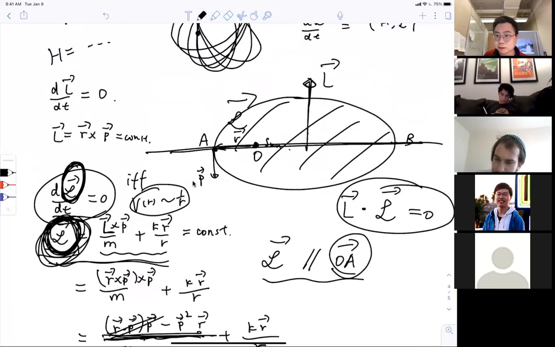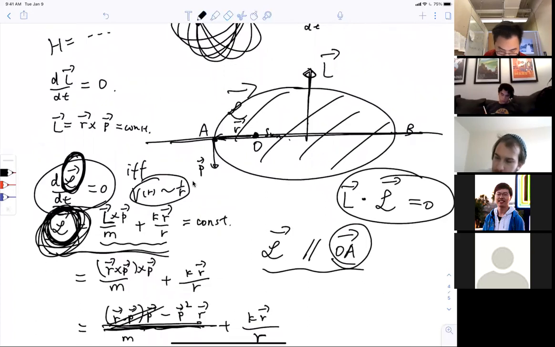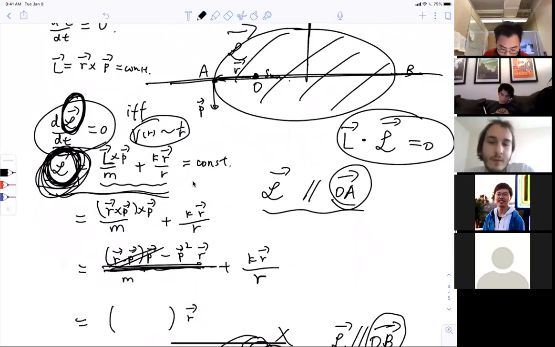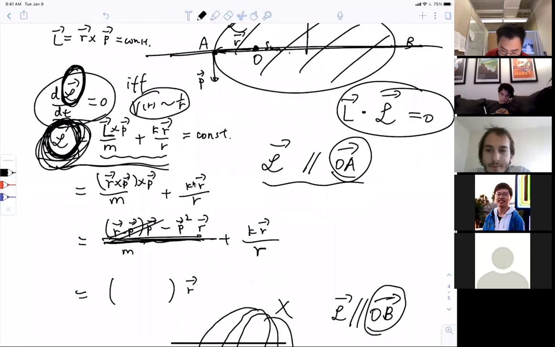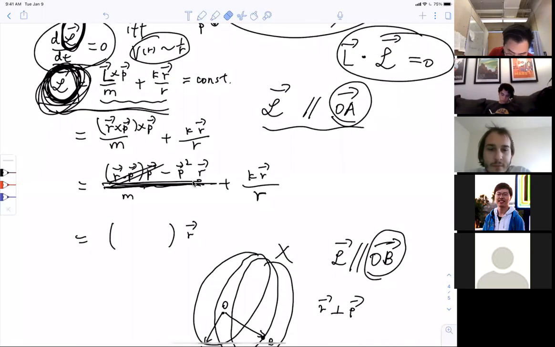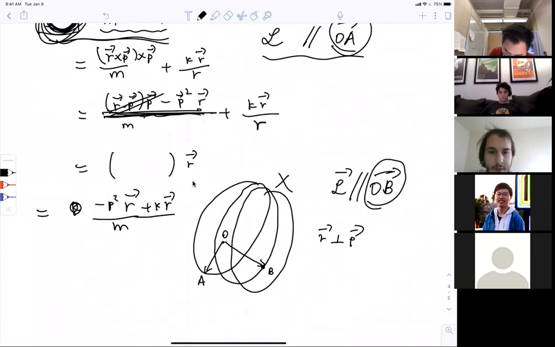I wonder, is the magnitude of L, the curly L, somehow related to the geometry of this orbit? You can say the magnitude is given by k minus p square r plus k r, which is the magnitude of this guy.